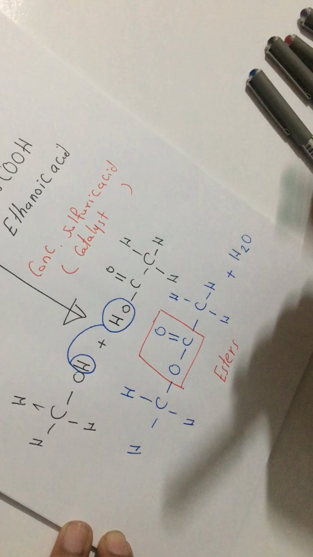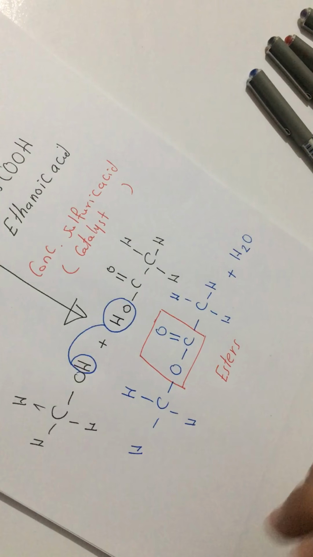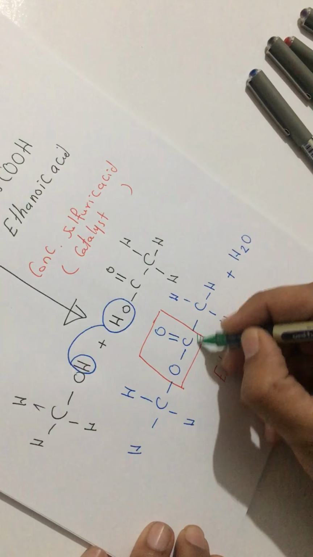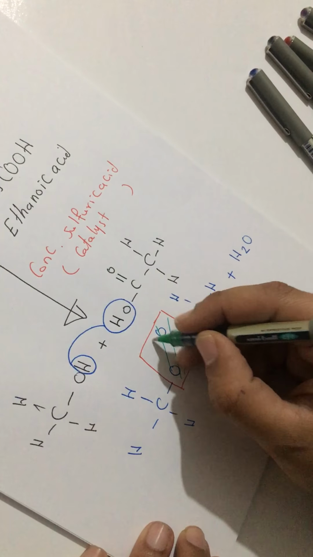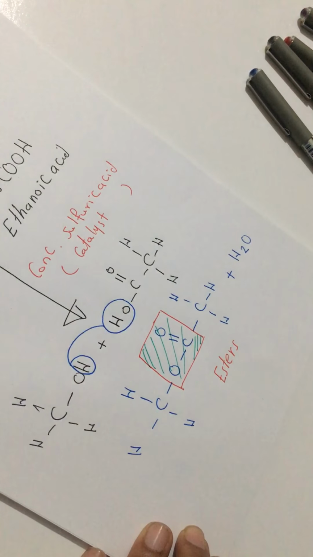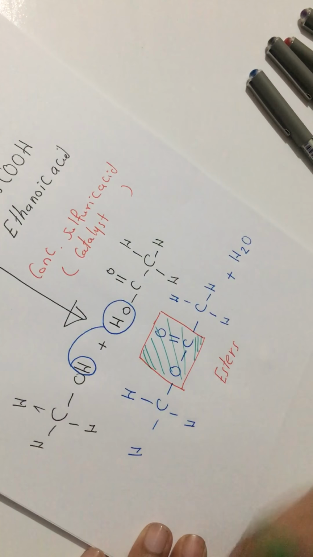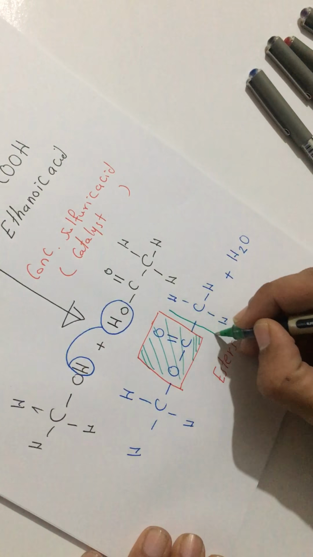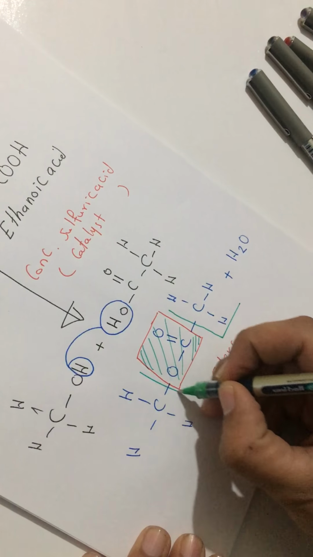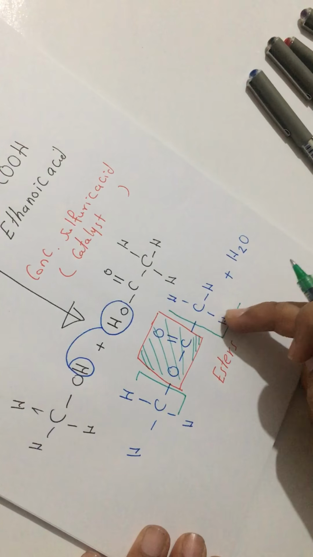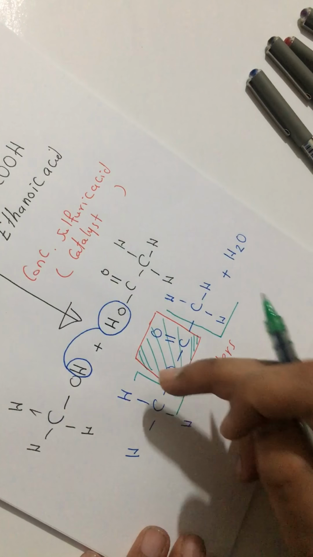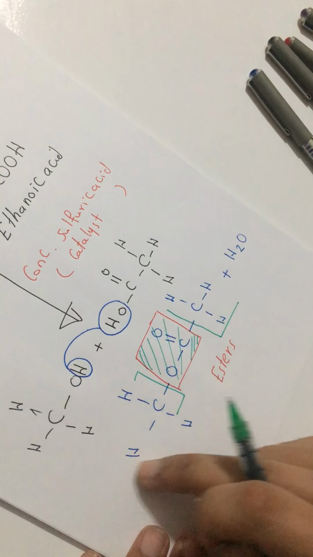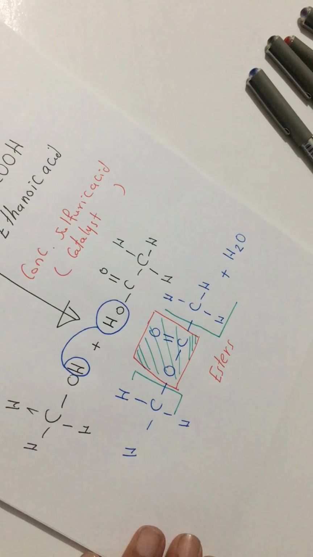I highlighted this functional group, C double bond O, which is called the ester group. And for the rest of the compound, we have one carbon atom joined with 3 hydrogens, and another carbon atom joined with 3 hydrogen atoms.